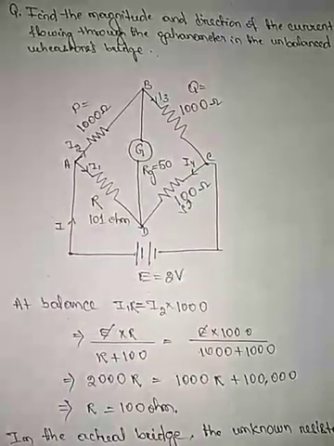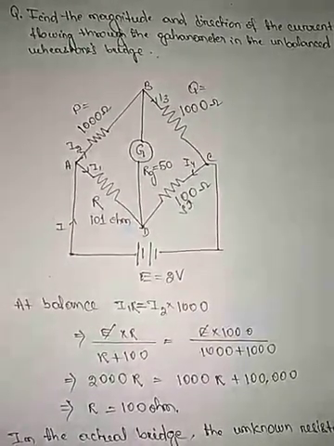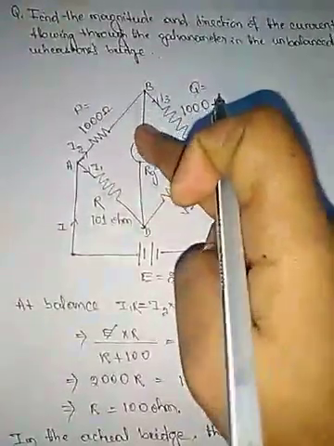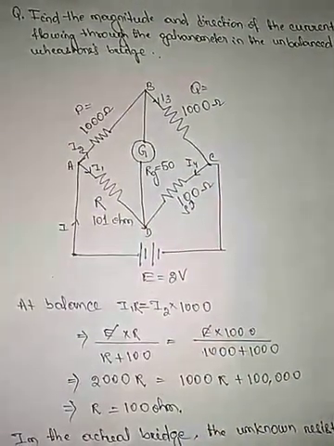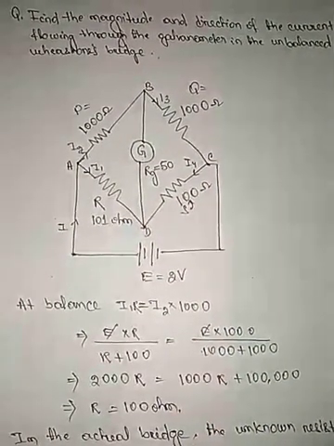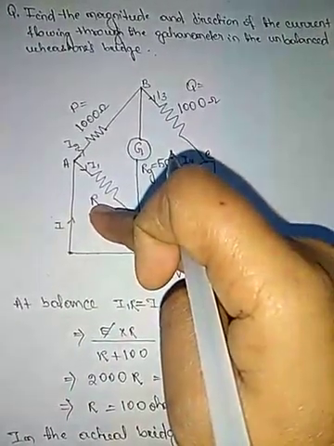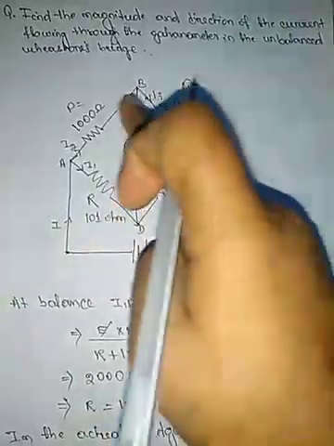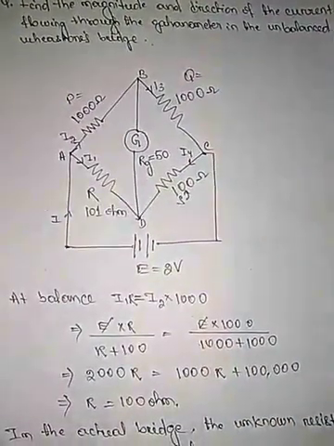The question is to find the direction and magnitude of current of this galvanometer. So first I check for what value of this unknown resistance the Wheatstone bridge is balanced.